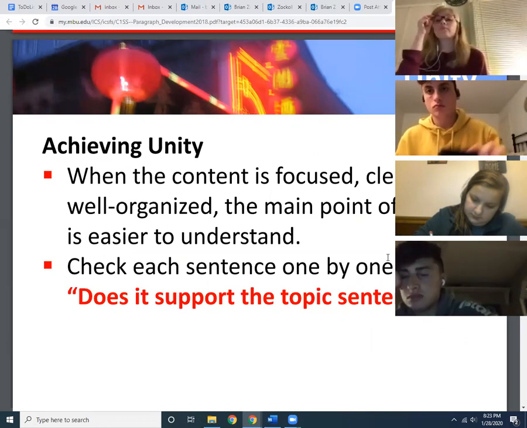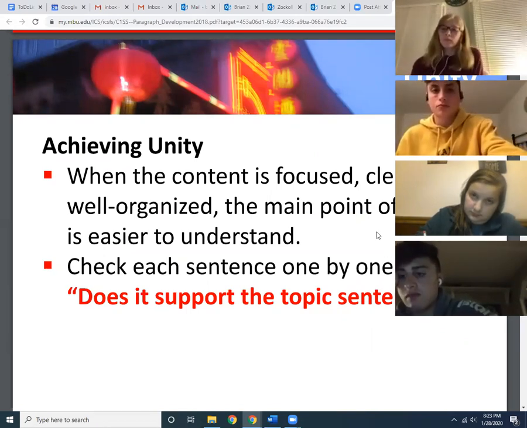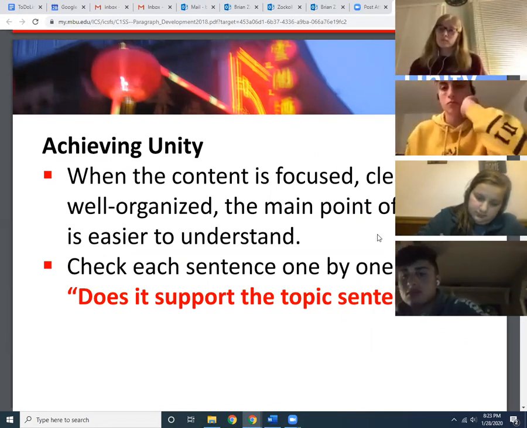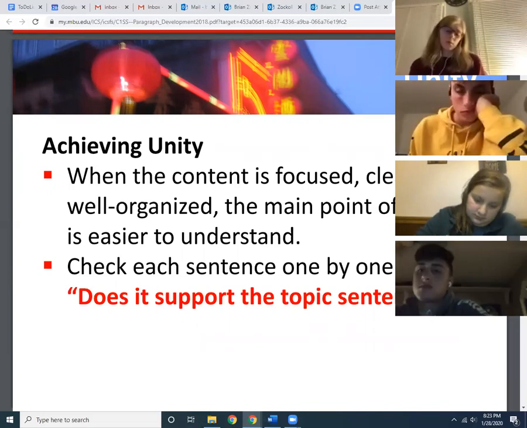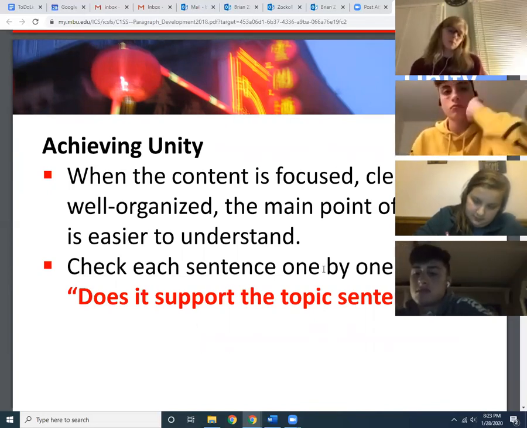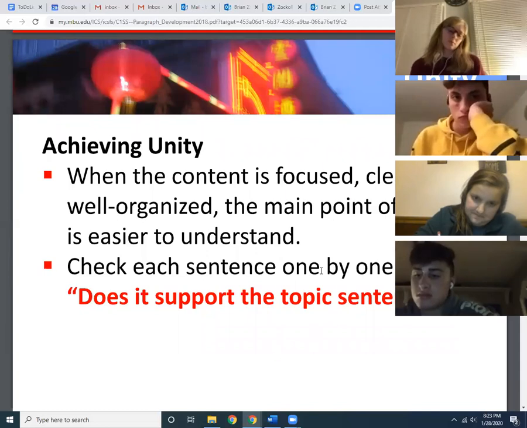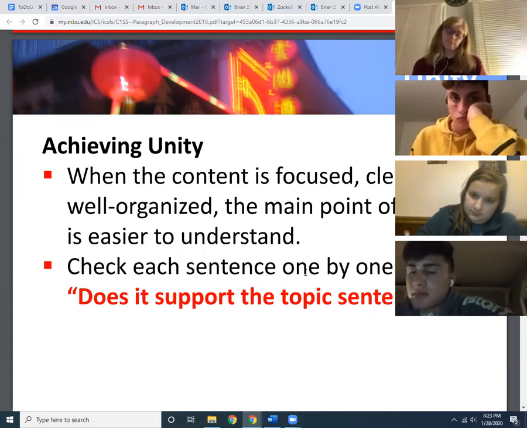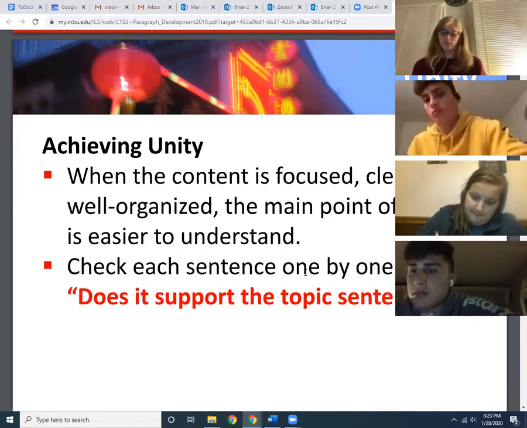It says, when the content is focused, clear, and well organized, the main point of the essay is easier to understand. That makes sense. Someone's probably told you that already, so I'm not going to linger on it. Check each sentence one by one and ask, does it support the topic sentence? Some of you need to develop the habit today, tonight, this week, very soon. When you write for this class, maybe because it's the first time you've had this much on the line in your writing, you need to go through your writing sentence by sentence.